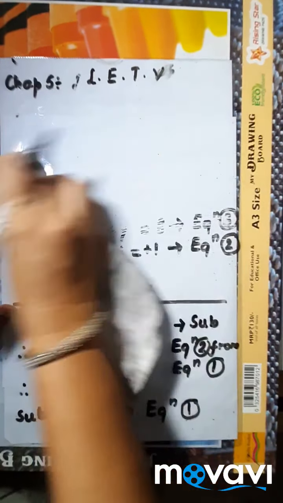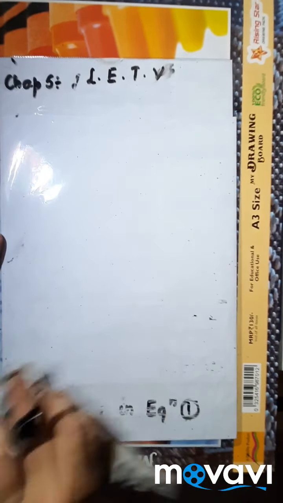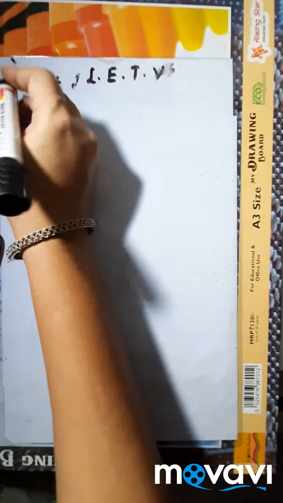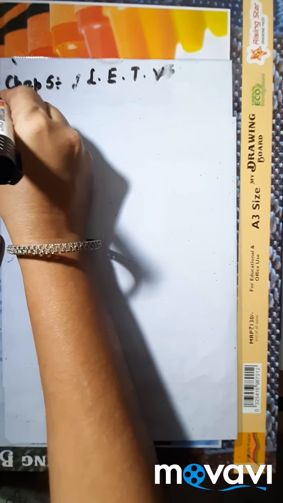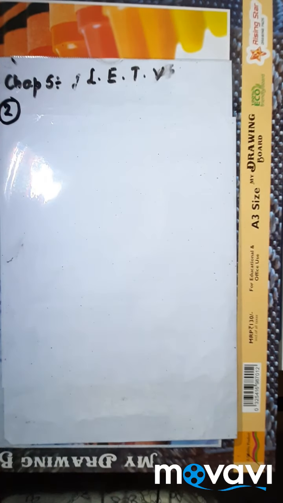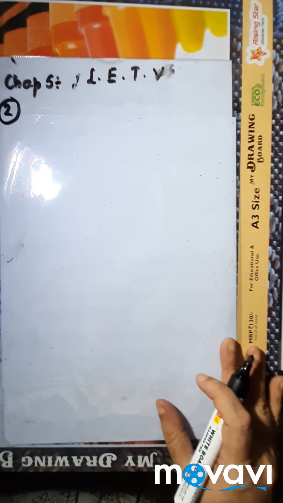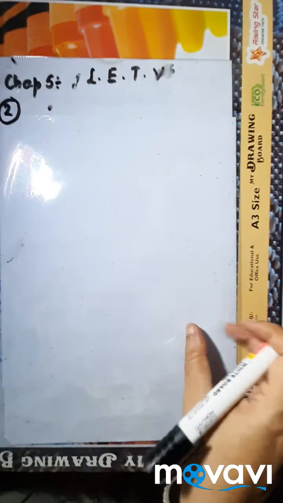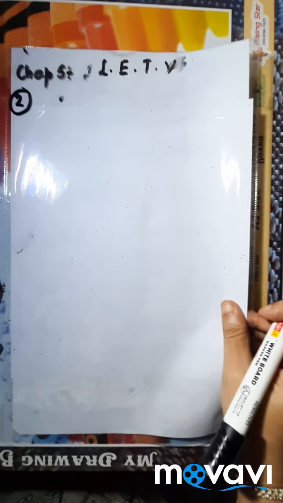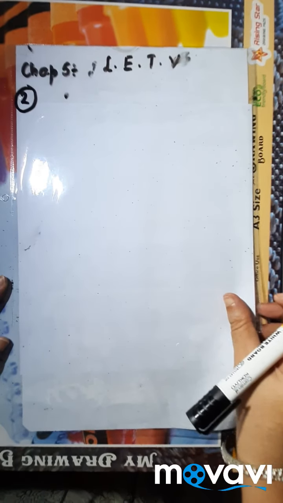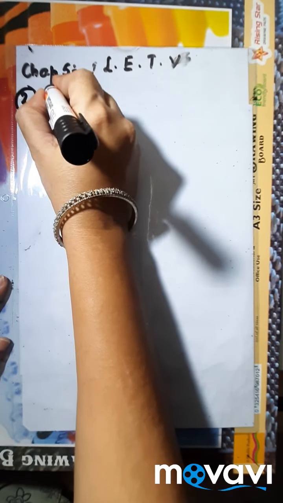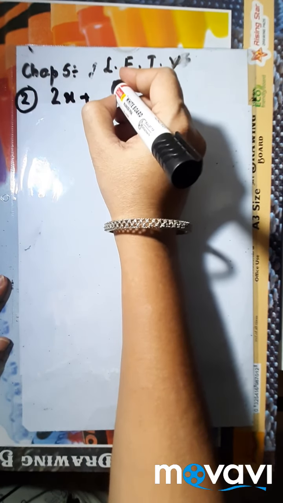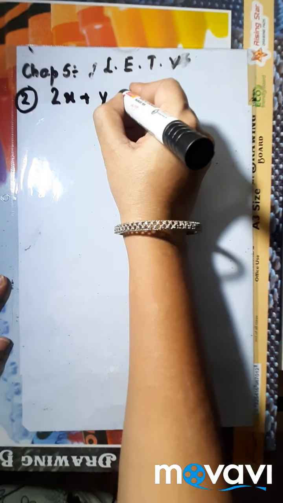Okay, so now I will do my sum number 2. See the question: 2x plus y equal to 5.